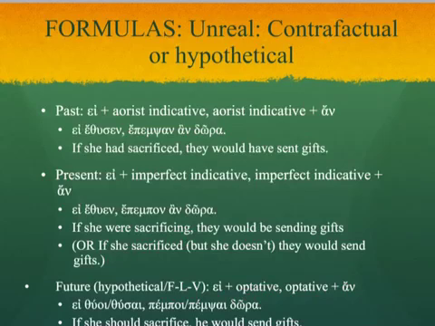So like the past and the present, you get an in the apodosis of each of these. But because you're now hypothetical, you're using the optative mood for both the protasis and the apodosis of the future less vivid. So ei thuoi, pempoi an dora, if she should sacrifice, he would send gifts, or if she sacrificed, he would send gifts.